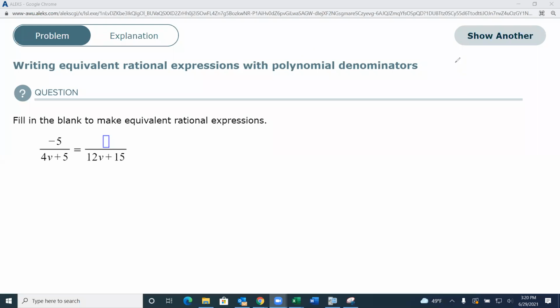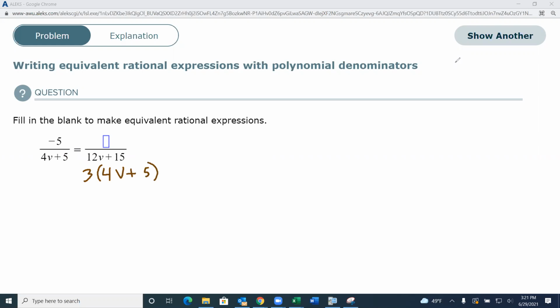Same thing here. I've got to figure out what I multiply this denominator by to get here. Then whatever that is, I'll multiply it by the numerator to get the new numerator. But I might have to do a little factoring. So if I factor the GCF, 3, out of the second denominator, it looks like this.